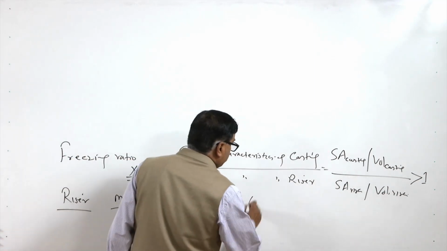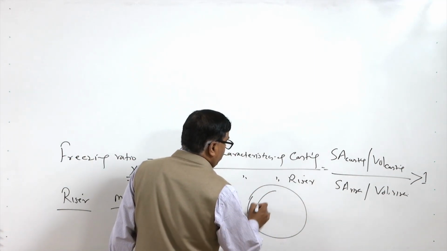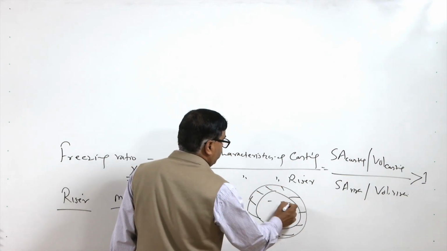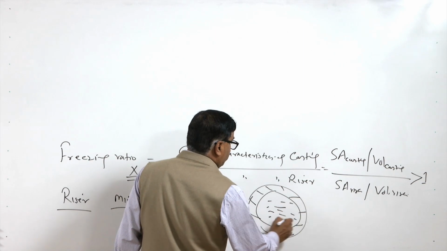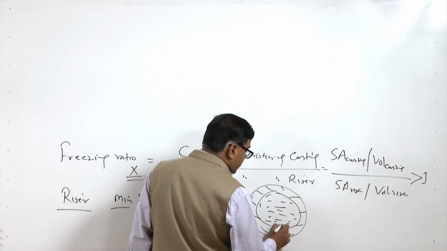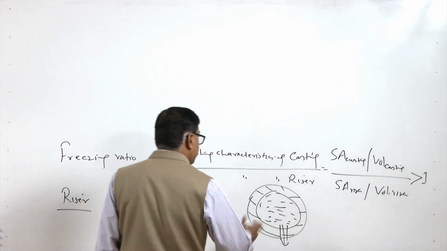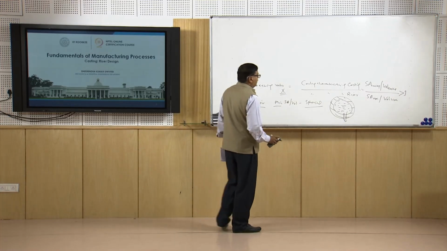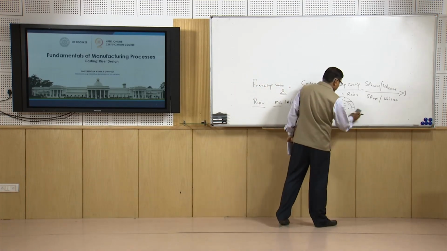But in case of spherical shapes, obviously the solidification will start from the surface and the molten metal will be left in between. So, it will not be able to feed the molten metal from the riser to the mold when desired.